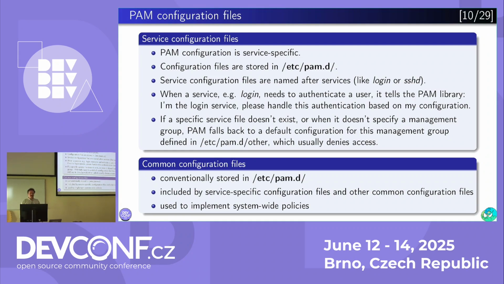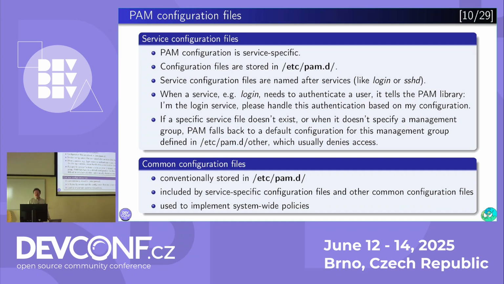So yeah, if this file doesn't exist, or if this file doesn't describe this particular management group, then PAM falls back to its default configuration, which usually denies access. So maybe it would be good to mention here that PAM modules could implement different management groups, but most of them don't implement all PAM management groups. Some of them implement only, for example, authentication or only session management. But some of them implement all of them.